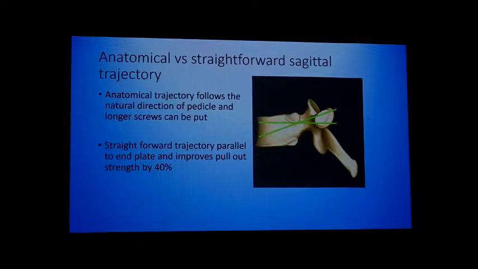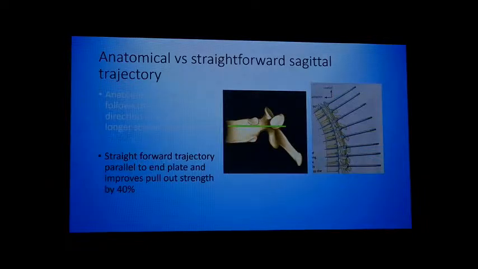So this straightforward trajectory increases the pull-out strength by 40%. So a rule of thumb, if you want to put a straightforward trajectory, is to assess the vertebral inclination based on the amount of kyphosis, and then place it perpendicular to the body, like you see here.